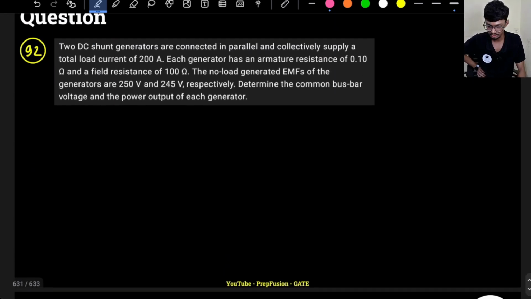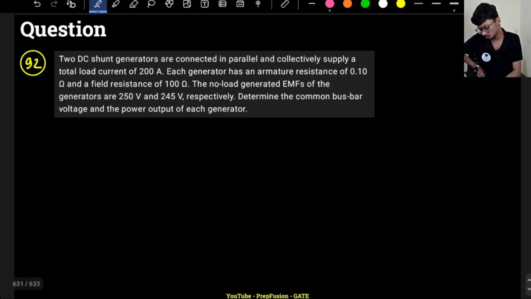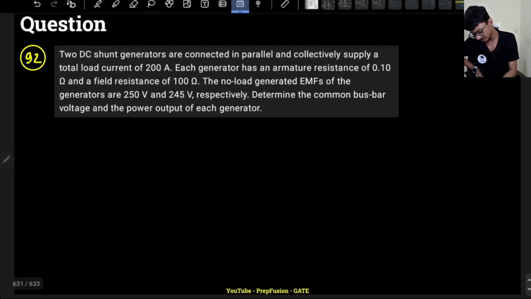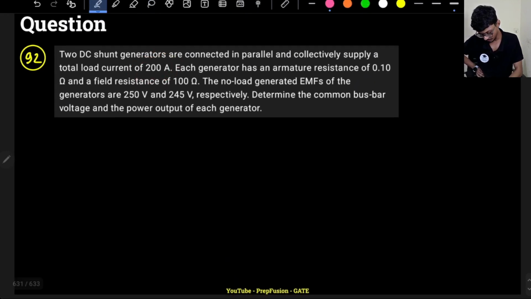Let's do a question on this and then we will wrap up this topic. So this is the question. Two DC shunt generators are connected in parallel to supply a total current of 200 amperes. So if you have two DC generators, let me write this equivalently.